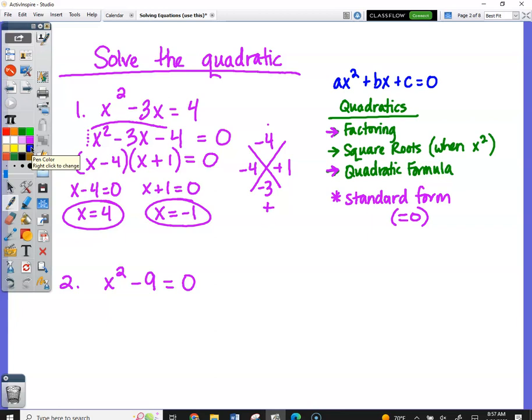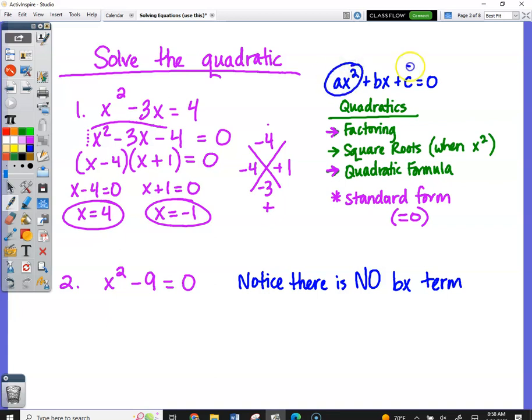Here's an example of solving by square roots. Notice there is no bx term. Do you notice how there's no middle x term? There's no x to the first power. It says x squared minus 9. So the x squared is the leading term, minus 9 is the constant.